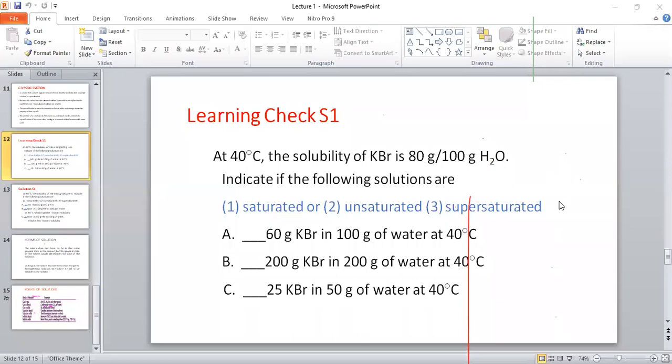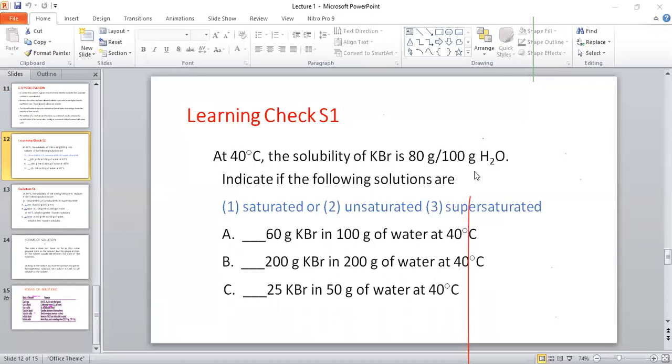Yes, it's supersaturated. But you remember also that we're talking of a certain amount of solvent, a specific amount of solvent. When we're talking of solubility, we're always looking at 100 grams of water.